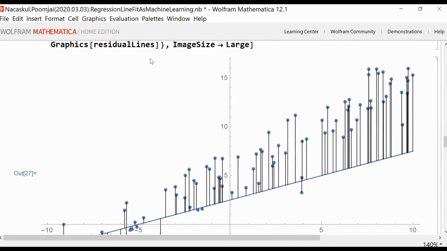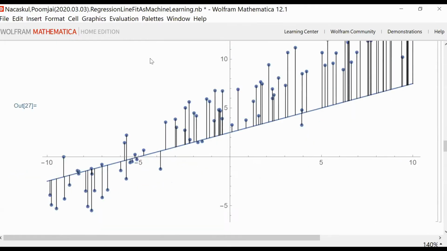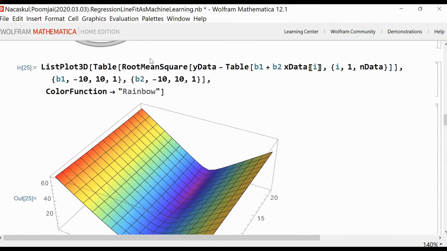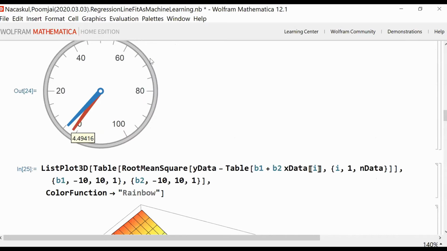The real y is the point. The distance is that vertical line. So I square this, square this, square all of them, and add them, and that gives you this value here, whatever the unit.